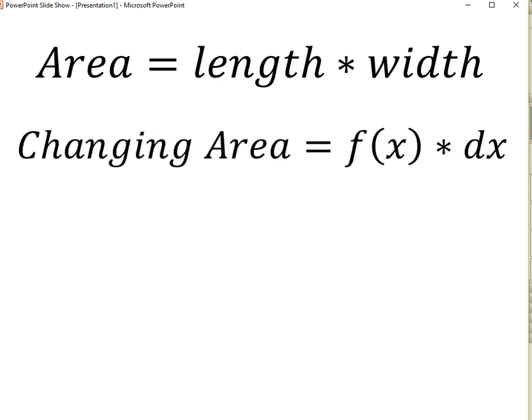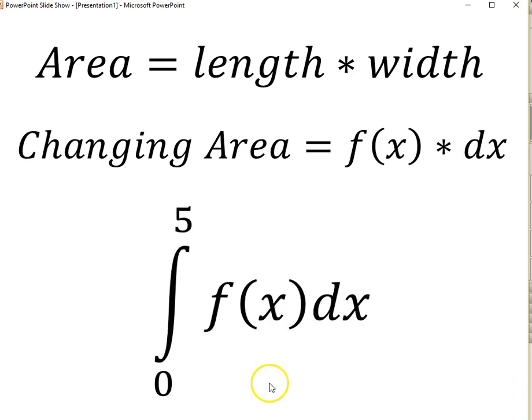In calculus, the changing area is the changing width times the length, which changes as a result of that changing width. Putting these together, we have f of x dx. The integral of that is the area underneath that curve of f of x as the input changes.